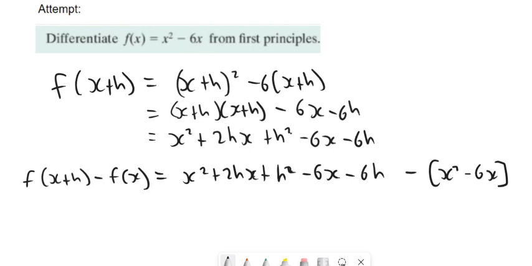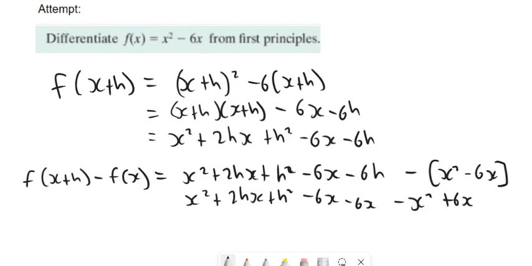So x squared plus 2hx plus h squared minus 6x minus 6h, and then that's minus x squared, and then that'll be a plus 6x because minus minus. So the plus 6x and the minus 6x there will cancel out. That should be an h, actually, I just wrote that down wrong.